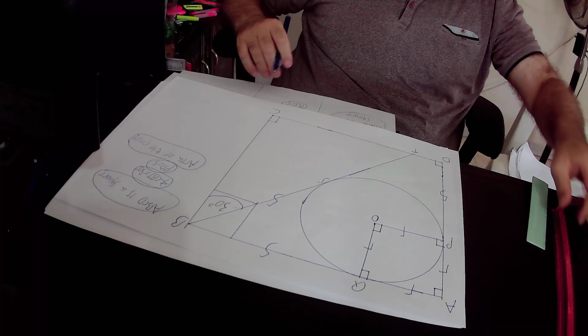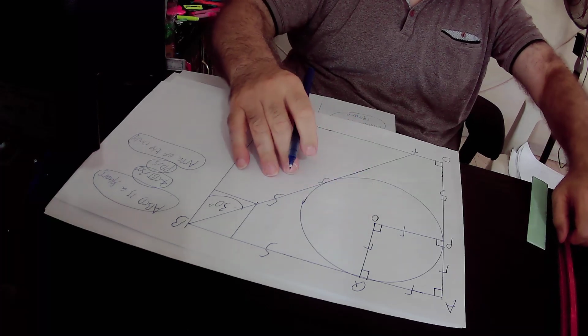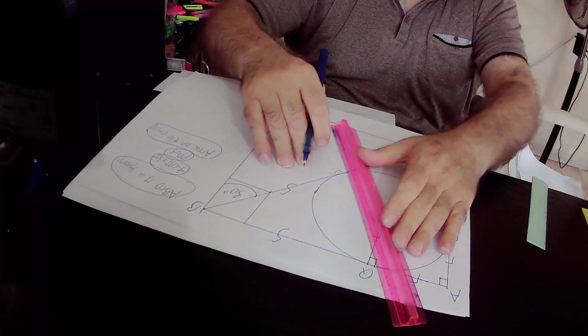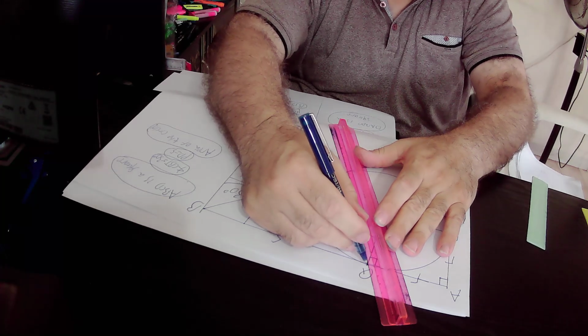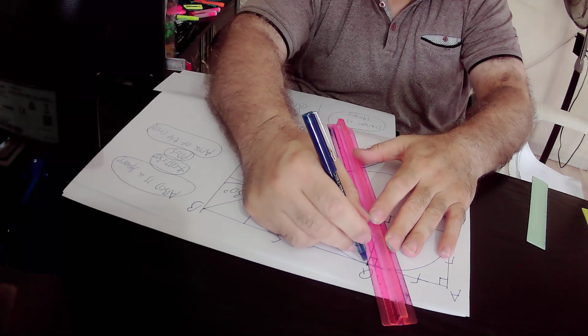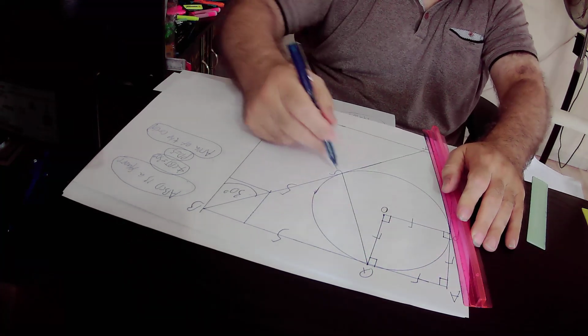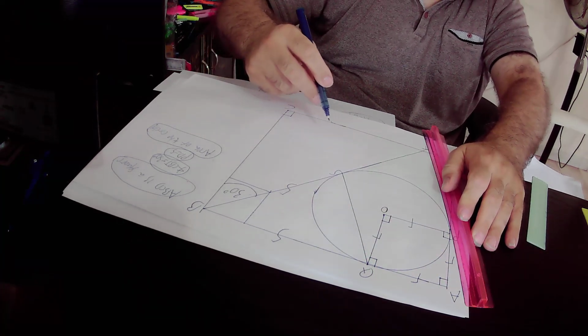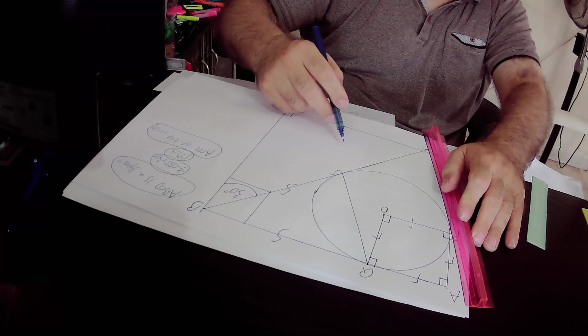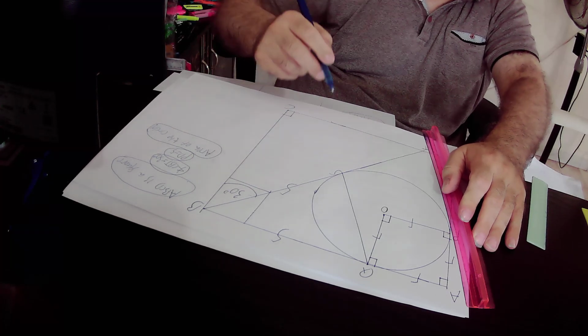In the next step, we will join points Q and S together by a straight line. By joining points Q and S, we created here triangle QBS.